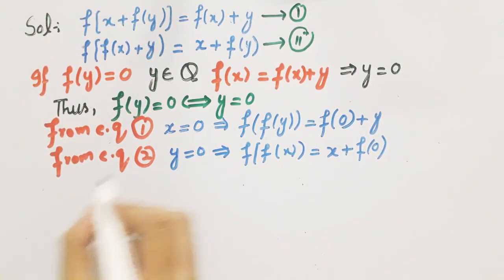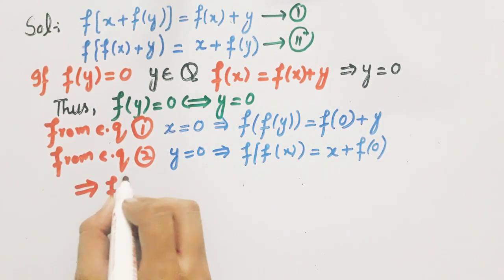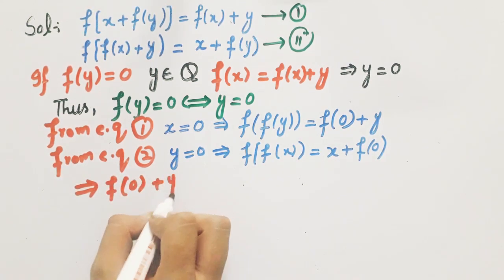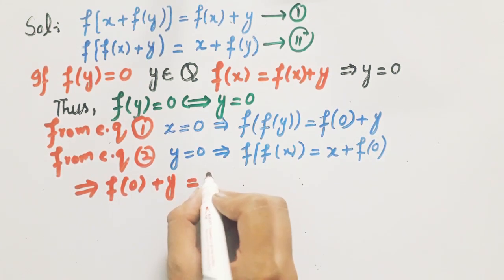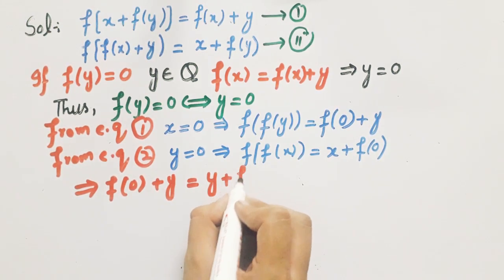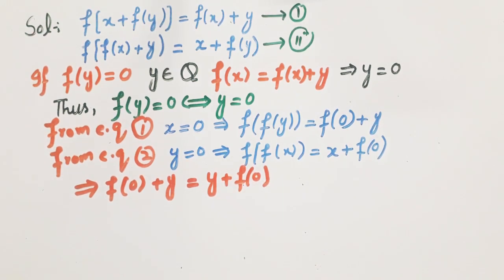So this implies that f(0 + y) = y + f(0), which is consistent.